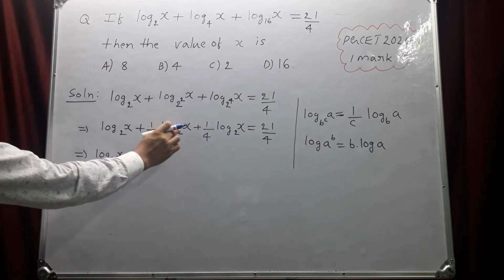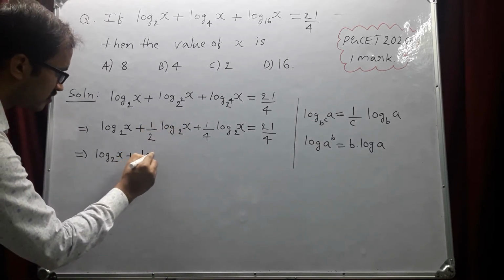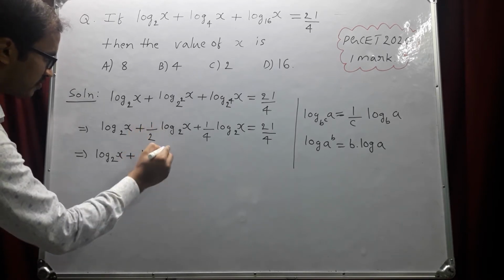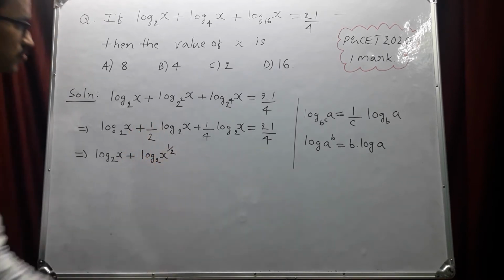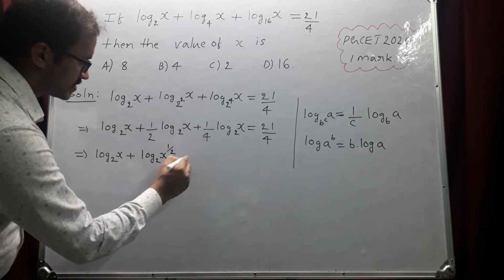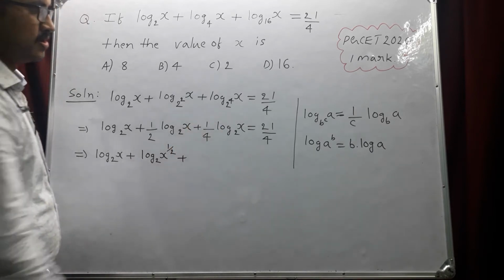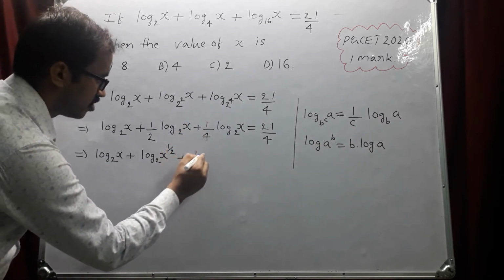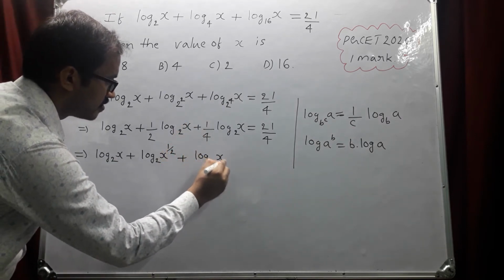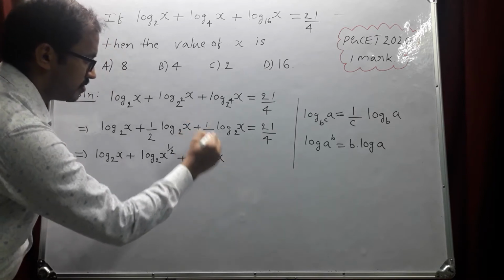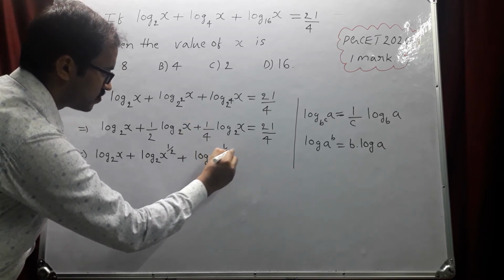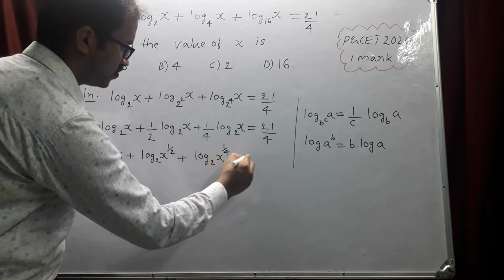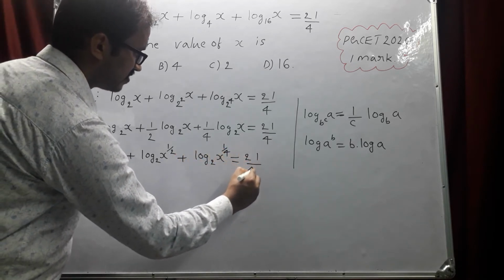So I can write it as log x to the base 2 power how much? 1 by 2. Plus here also I will use this property. So what I can write? Log x to the base 2 power how much? 1 by 4. So that is equals to 21 by 4.